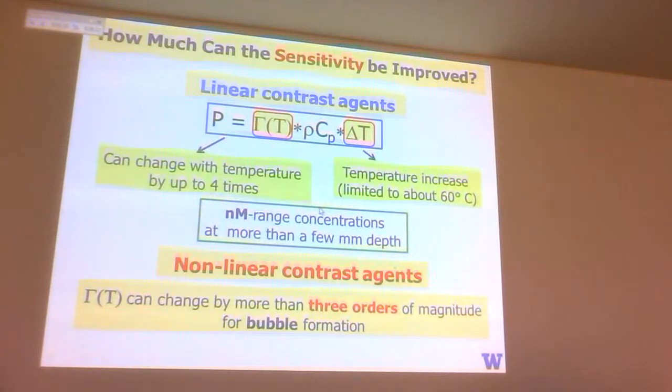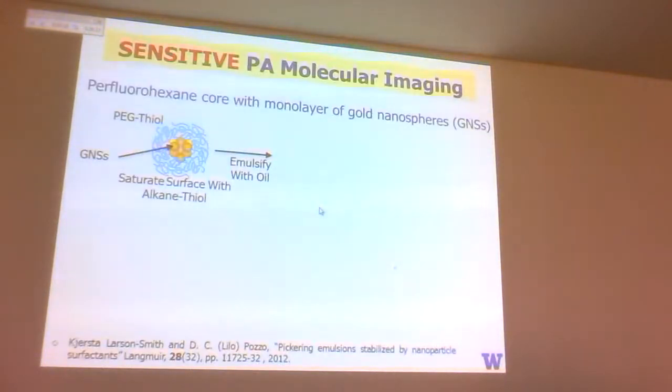Let me show you what I mean. Now this is leveraging work by one of our colleagues in Seattle who was looking at ways to make what are called Pickering emulsions, and at the time was interested in trying to create plasmonic structures in this way, done through emulsification with an oil to produce a structure like this.